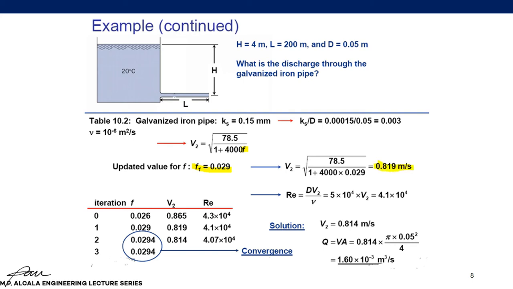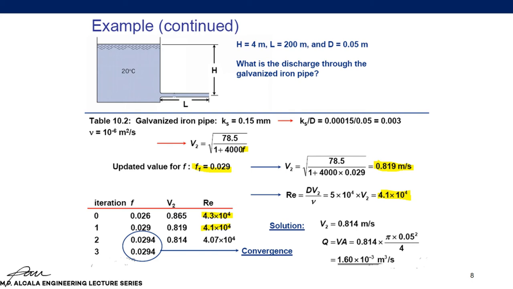Now for the final check, we are to identify again the Reynolds number using this velocity now. Okay? So dV, the same computation, diameter multiplied by the new velocity divided by the kinematic viscosity, will give you now a Reynolds number of 4.1 times 10 to the 4. So it's kind of close, okay? From 4.3 to 4.1.